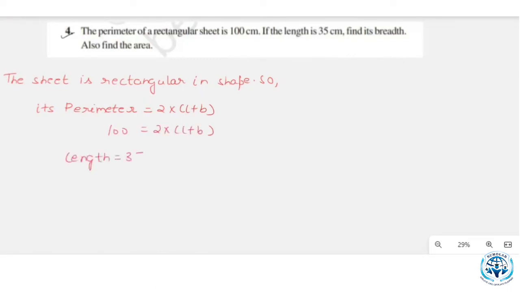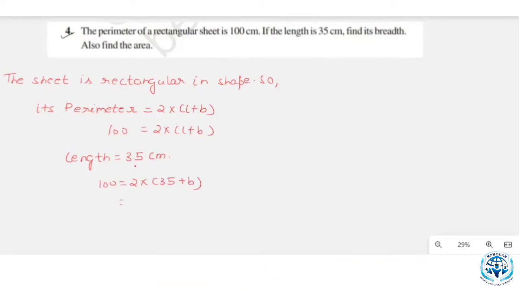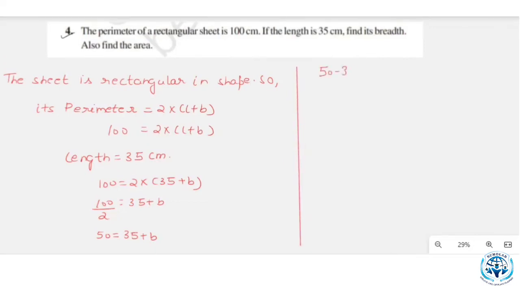We will put the figures in the formula to find out the breadth. So the breadth will be 50 minus 35 is equal to 15 centimeter.